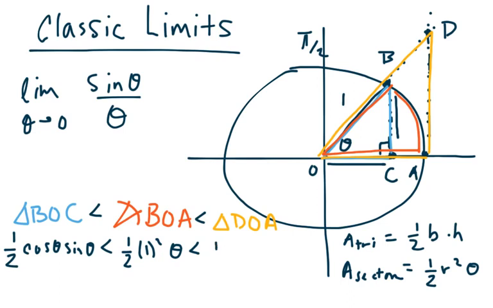So we'd have 1/2. The base of triangle DOA is 1, right? From the origin to the intersection point of the edge of the unit circle with the x-axis, it's got to be length 1. And then the height, I'm going to leave that to you to convince yourself, but the height from this point A to point D is tangent theta.